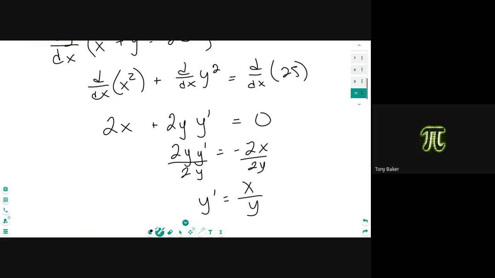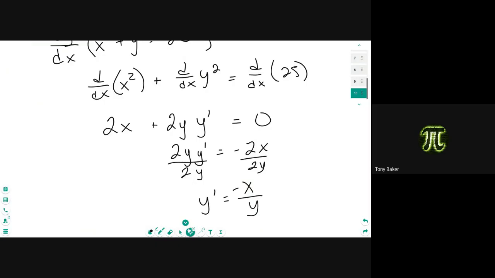Oh, I didn't forget the negative here, right? I did forget the negative. The derivative is negative x over y, of the circle overall.